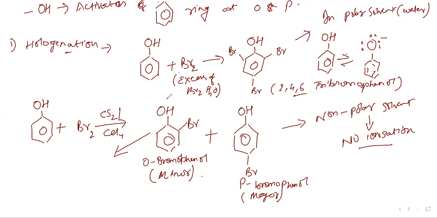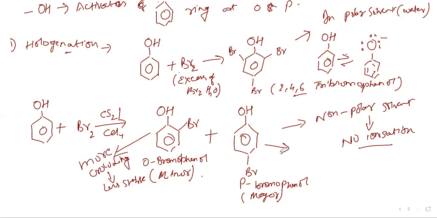Since bromine is near the hydroxyl, we have more crowding in the ortho isomer, due to which it is less stable. So this would be in minor quantity.